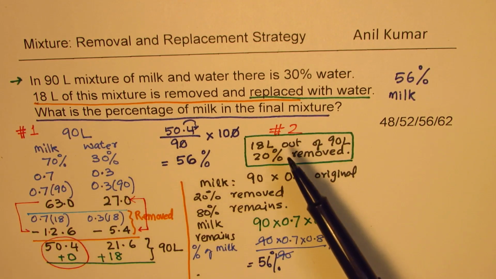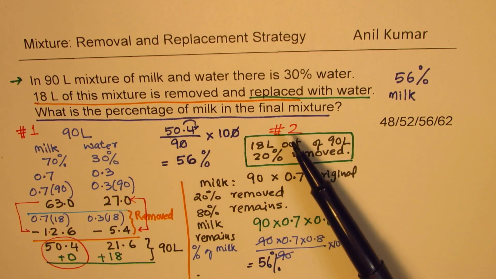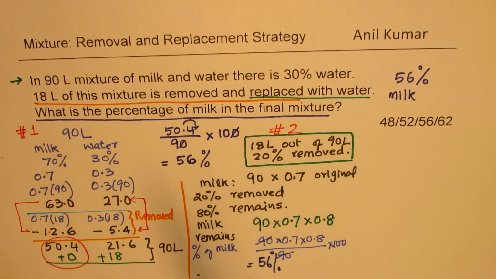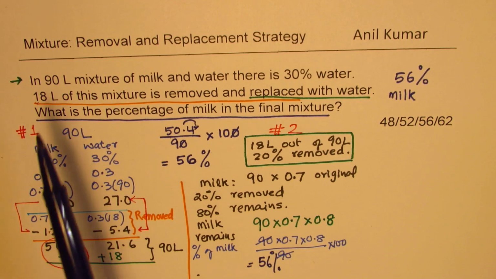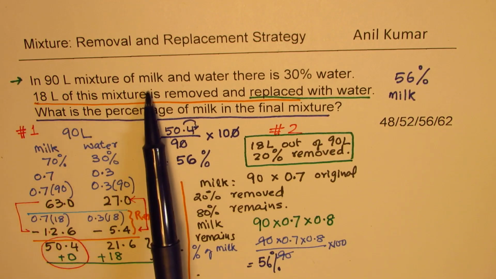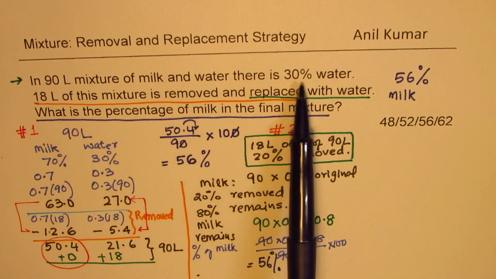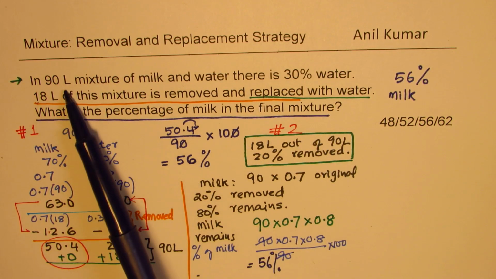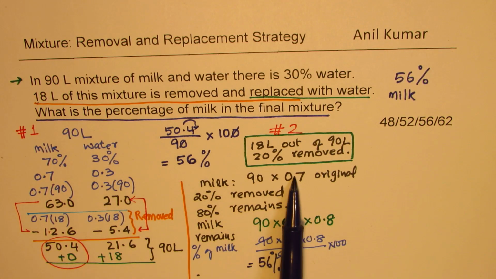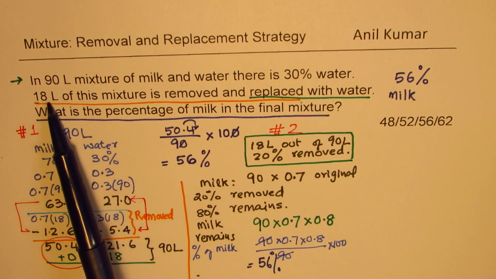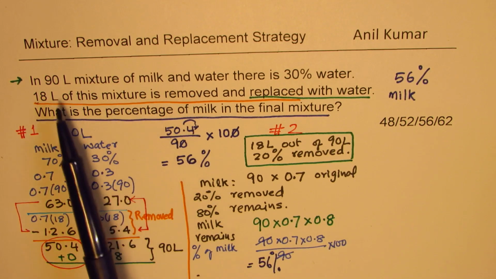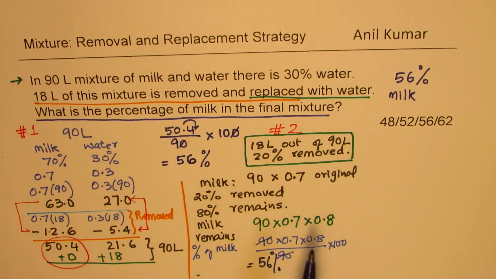So this second method is very, very efficient. When you look at this question, see, it doesn't take even a minute. 90 liters of mixture of milk and water, there is 30% water. So 70% milk. So 90 times 0.7. 18 liters removed means 20% removed, 80% remains.